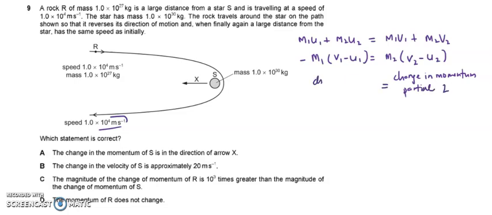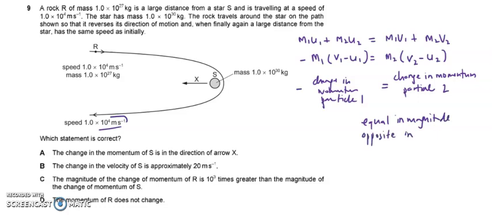This is the change in momentum for particle 1, but with a negative sign there. In other words, the change in momentum for particle 1 is equal in magnitude but opposite in direction to the change in momentum for the other particle.